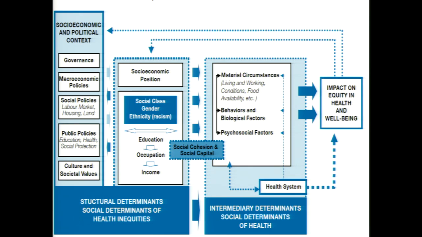But then he and his committee call the structural determinants of health inequalities, the causes of the causes. What are those? Those are the political context, policies, social policies about jobs, minimum wage, for example, housing, affordable housing, rent control, et cetera, public policies on education, social protection, all of that. These are really the social determinants that result in social inequalities and social class inequalities, which then contribute to the shaping of these intermediary determinants and health outcomes.